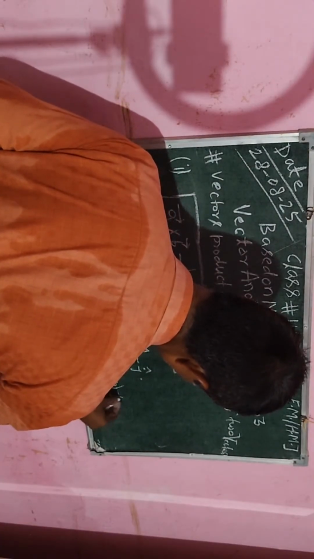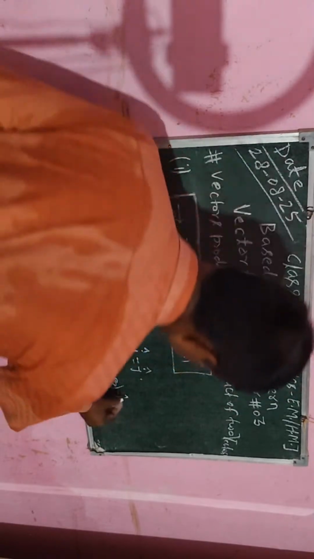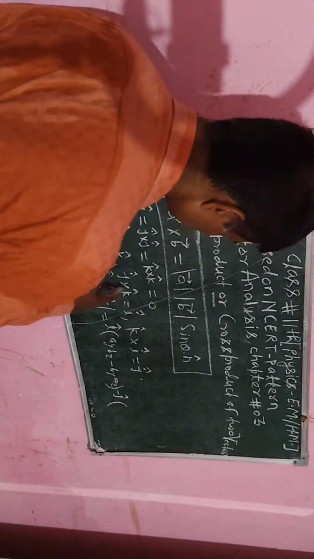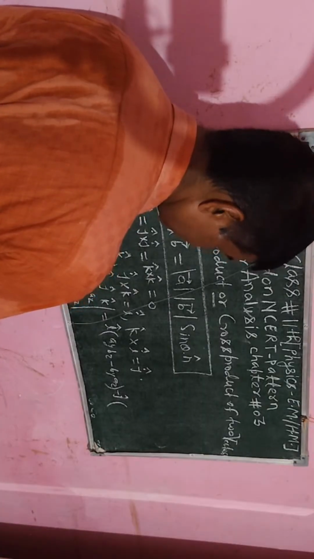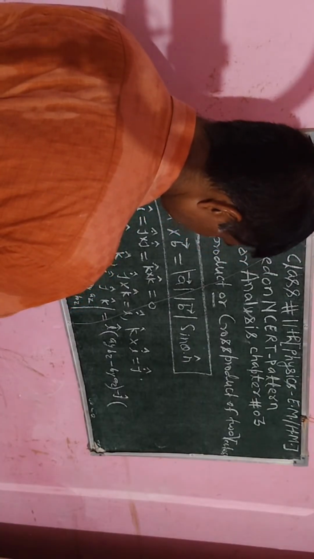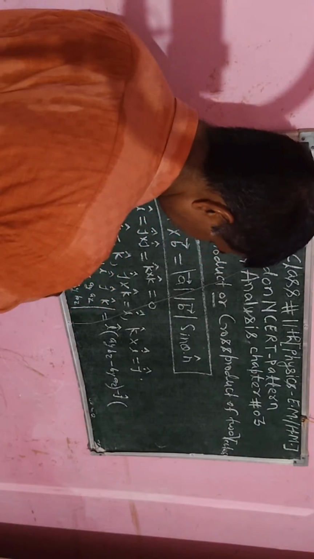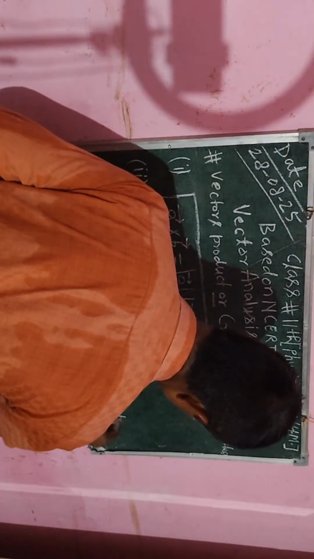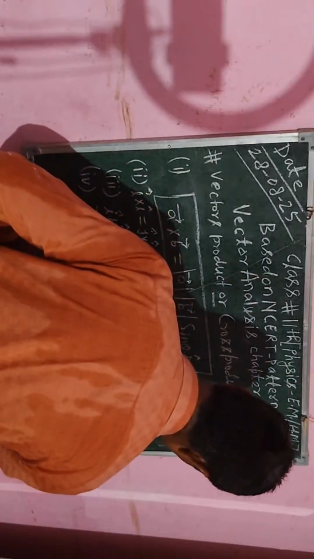Similarly I will put vector j cap, and eliminate the j column and the first row. So I will get the determinant with ax, bx, az, bz, and its cross product is ax bz minus bx az.